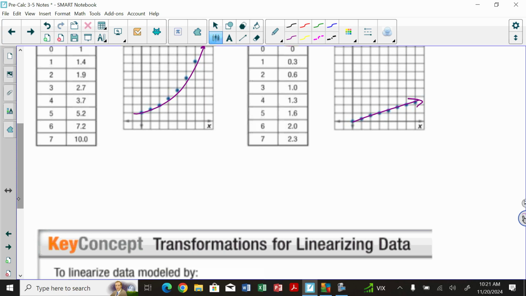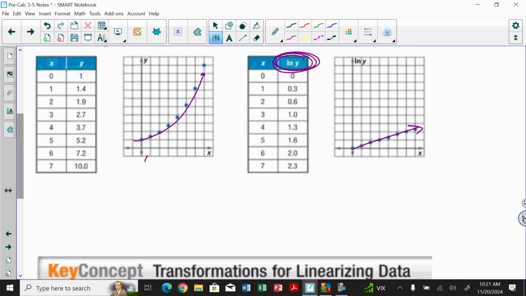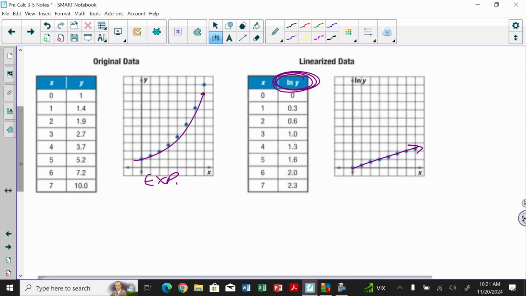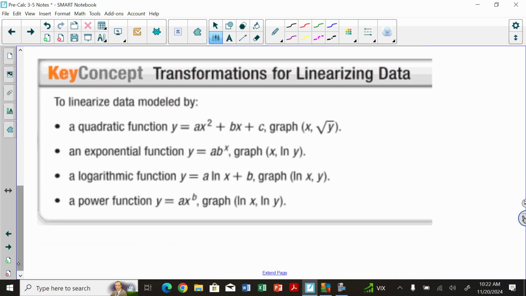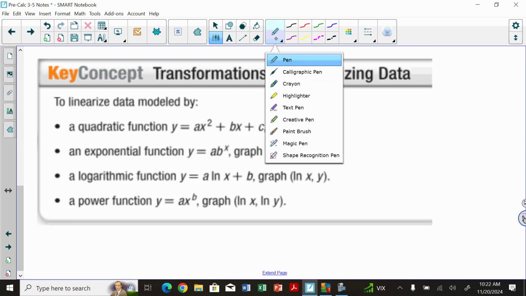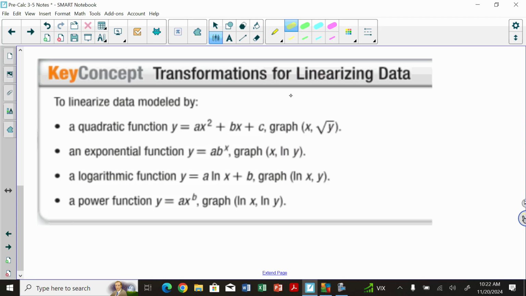Now, transformations depend on what we're trying to do. We talked about this one being exponential because we could tell from the original data it looks kind of exponential. So we took the x and then the natural log of y. So depending on what your original data looks like, here's all the different ways in which we can transform it. Okay, so just write these down so you can make the correct choice.